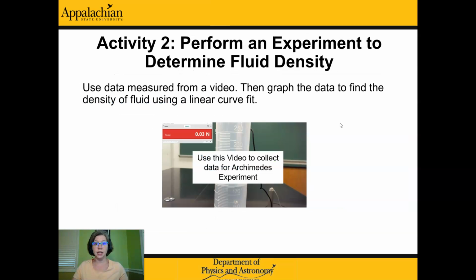In the second activity, you're going to collect data from a video of a metal object being lowered into a graduated cylinder. From that graduated cylinder, you should be able to measure the volume of the water displaced by the metal object.